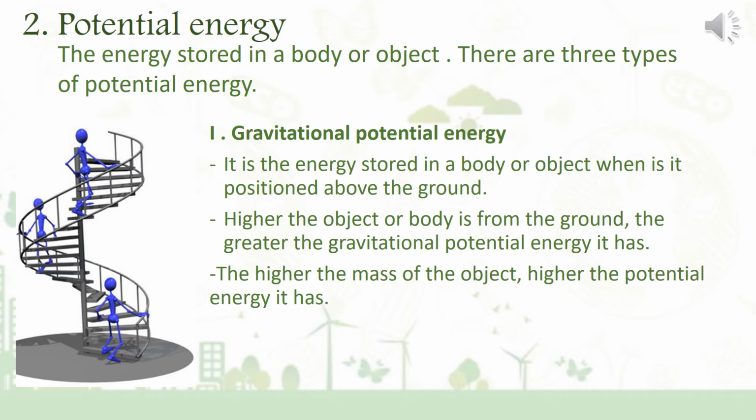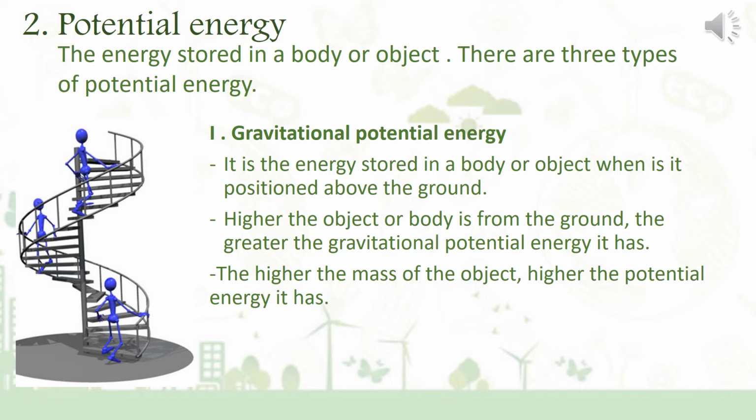What is being described here is when an object moves away from the earth, upward, the gravitational potential energy is increasing. When an object gradually moves up against the earth, against the gravitational force, the gravitational potential energy will increase. The higher the mass of the object, the higher the potential energy it has.